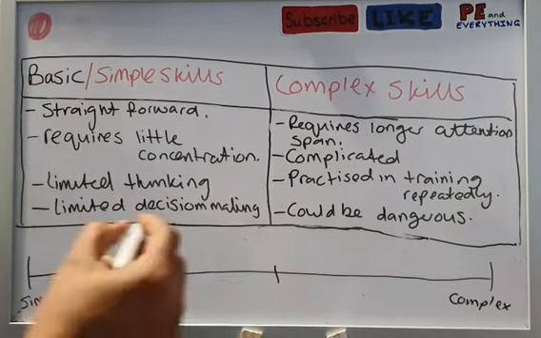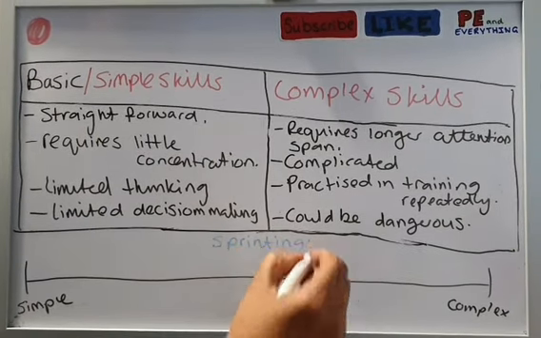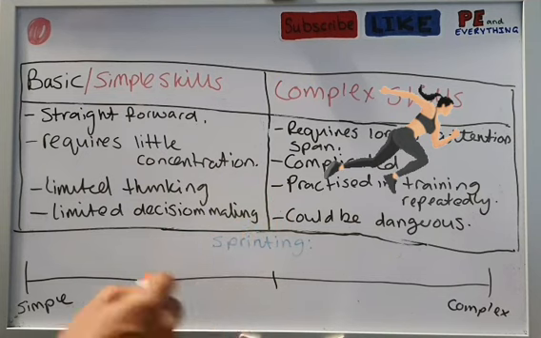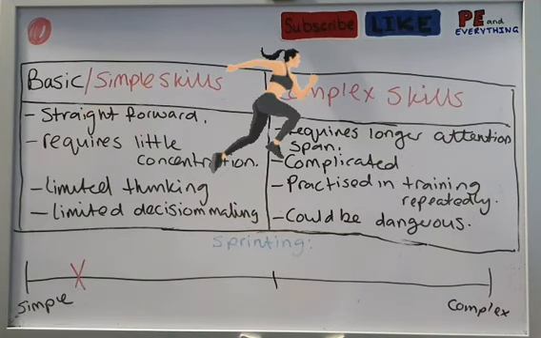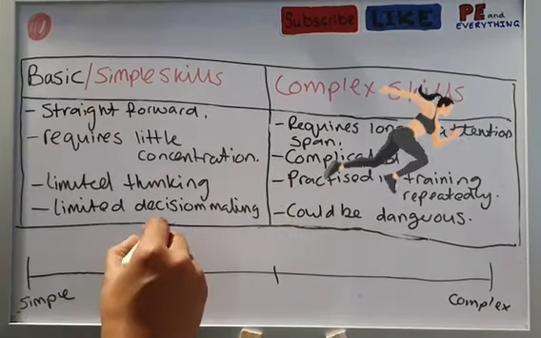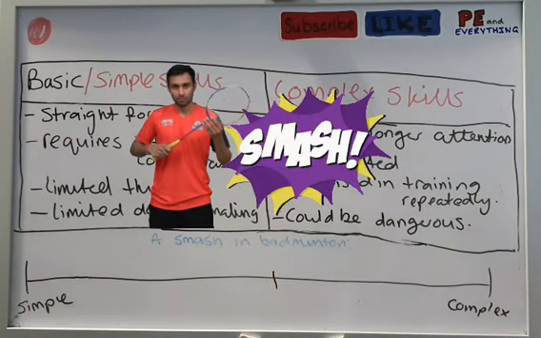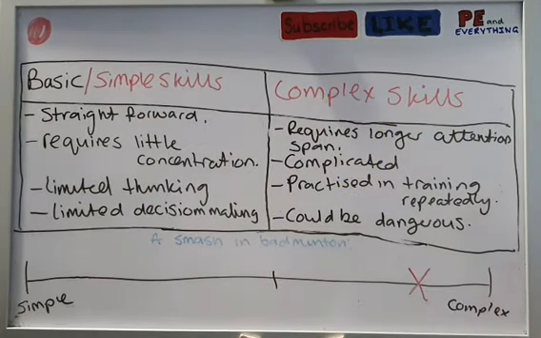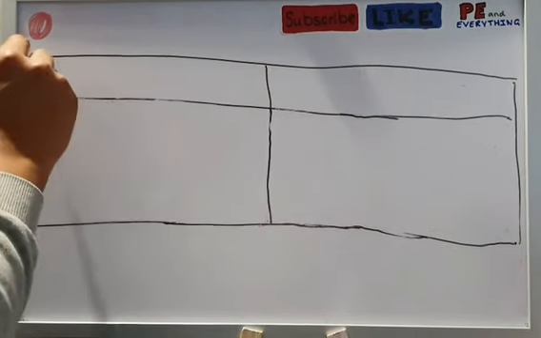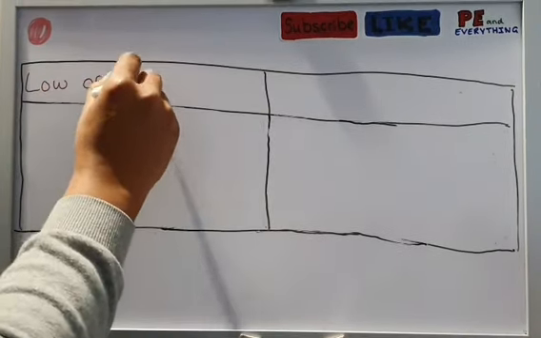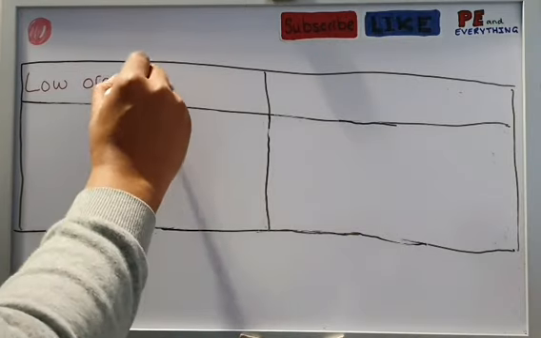So if we look at this continuum, we've got sprinting, which I would say is a simple skill. Whereas something like a smash in badminton, it's not dangerous, but it requires a lot of thinking, and it's repeatedly practiced through training. So therefore it would be a complex skill.